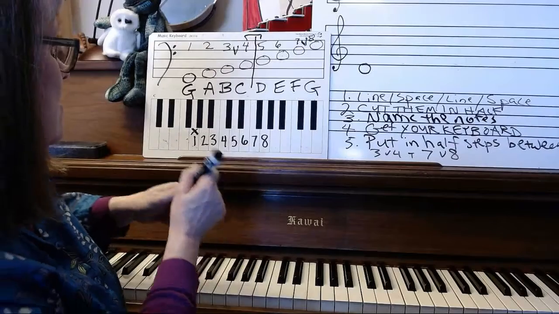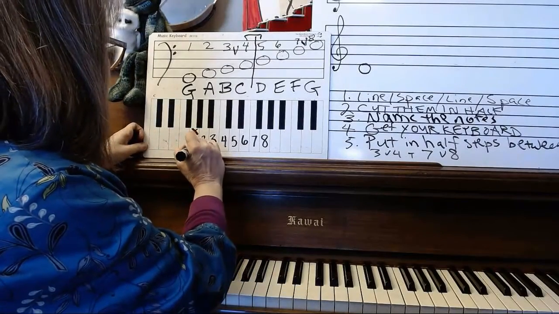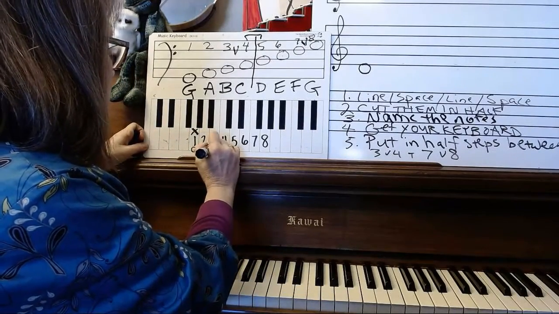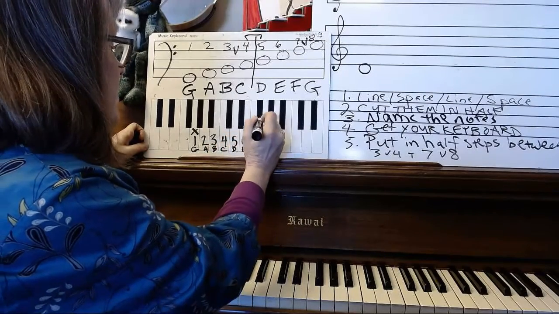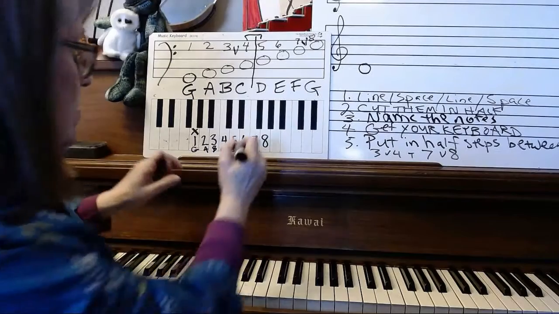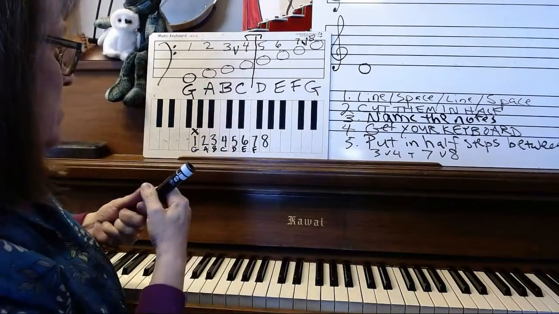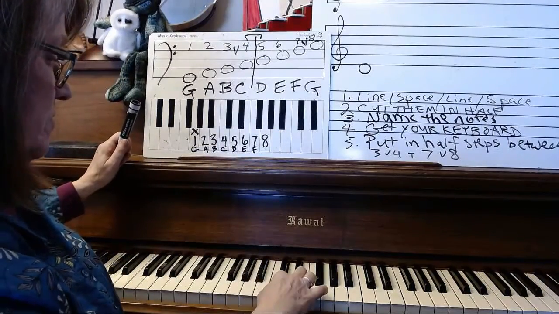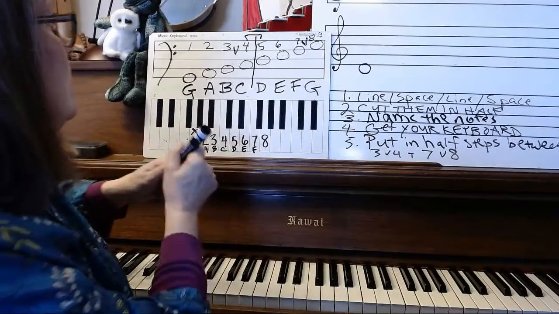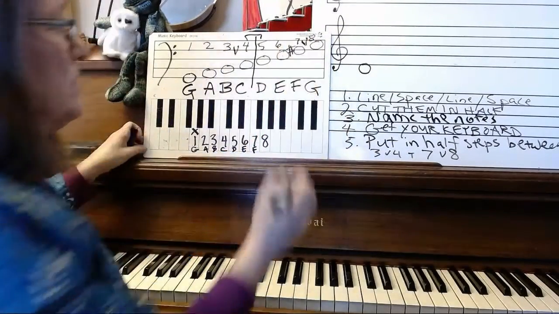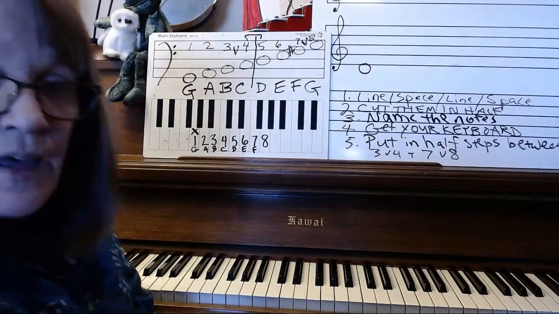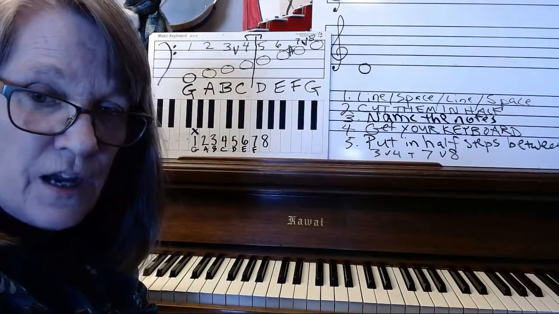So G, A, B, C, D, E, F sharp. And what we're going to do, we're just going to stick it in like that. Okay, and that is a G major scale.